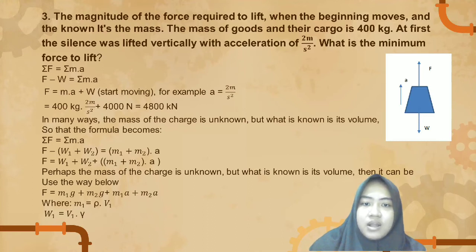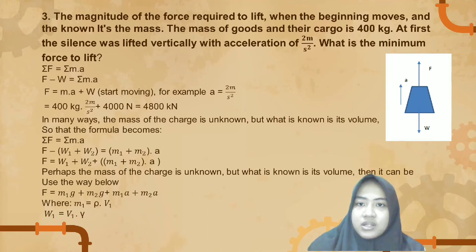So the formula becomes sigma F equals sigma M times A. F minus W1 plus W2 equals M1 plus M2 times A. F equals W1 plus W2 plus M1 plus M2 times A. Perhaps the mass of the cart is unknown, but what is known is volume, then it can be used the way below.